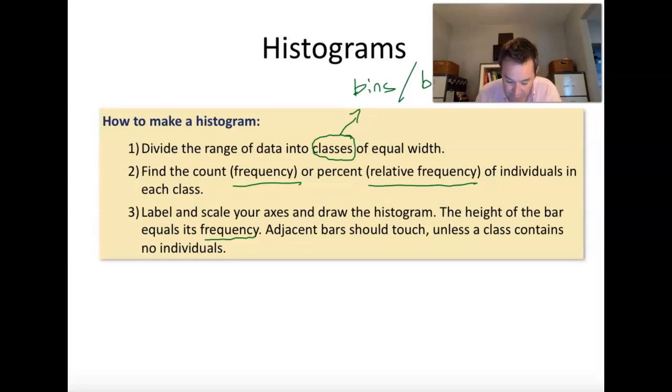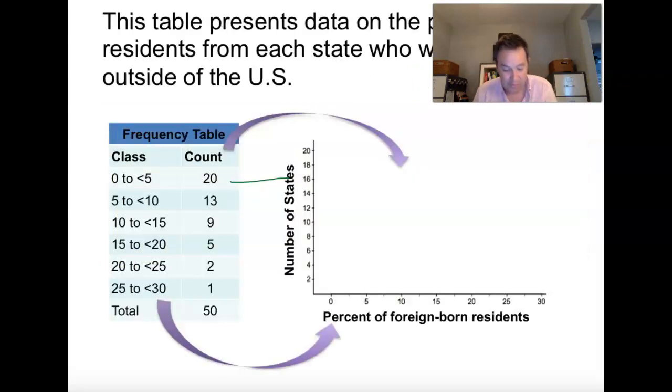All right, so let's try this. Here I've given you a frequency table, and it presents data on the percent of residents from each state who were born outside of the US. So there's 50 total pieces of data. We've already labeled and scaled our data.